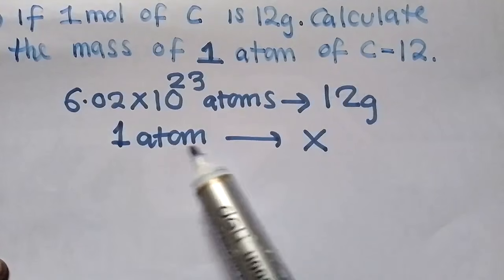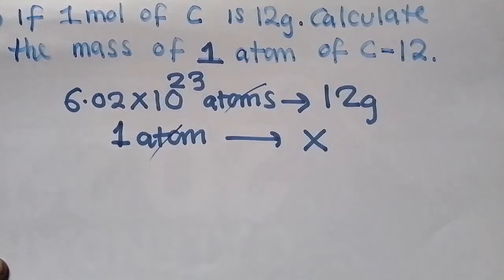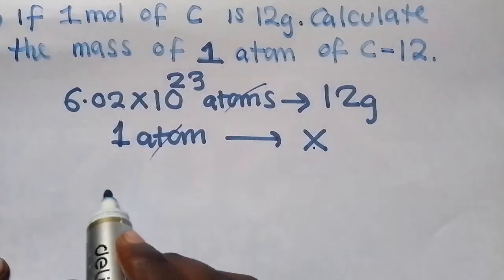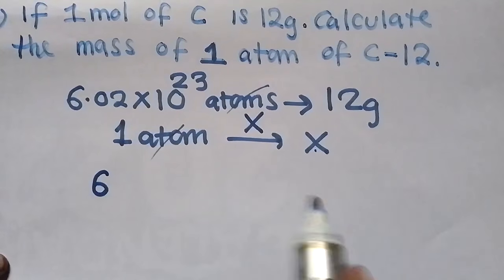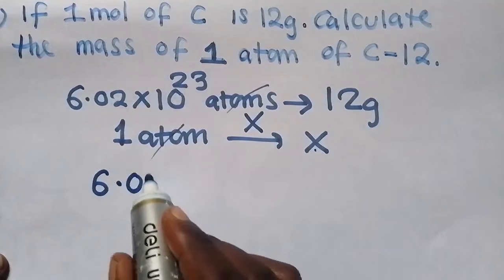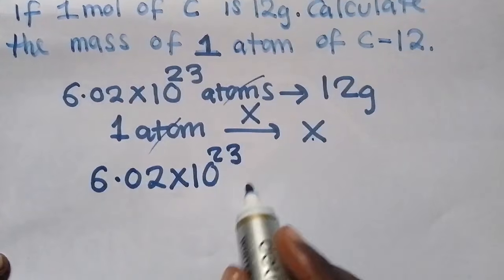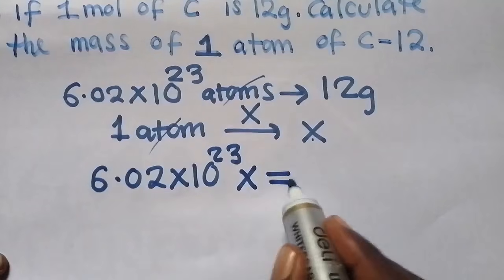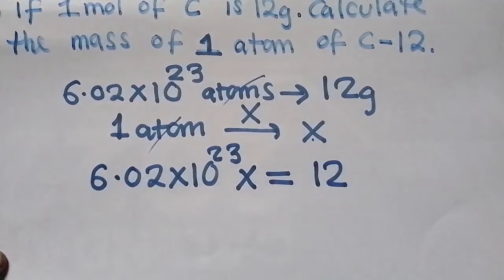Then one atom is equal to X. When you cross multiply, you are going to have 6.02 times 10 to the power 23 times X, which is equal to 1 times 12, which is 12.